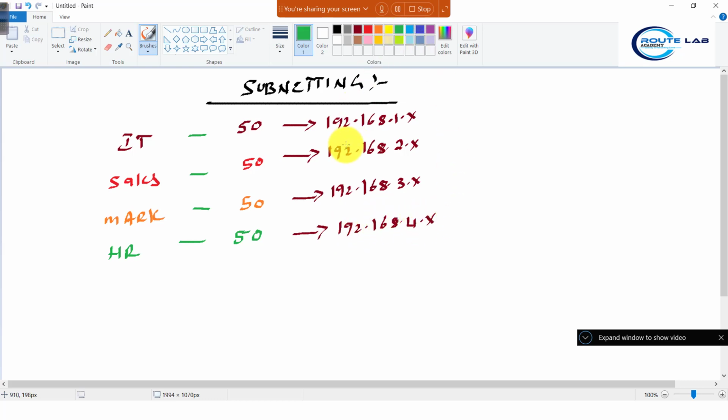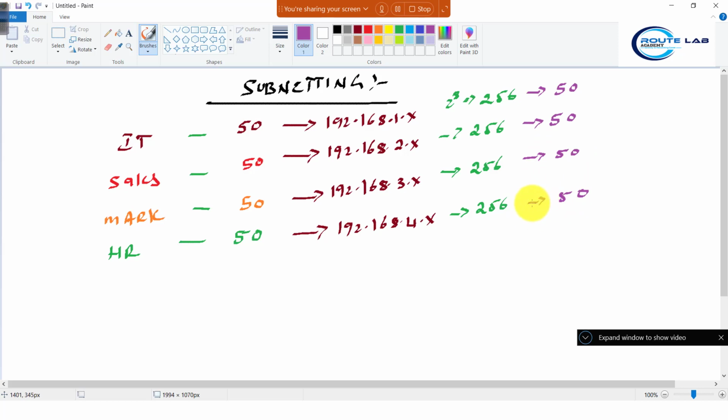So this address belongs to the C class address, where it is going to support around 2 power 8, which means 256 addresses, right? So in each and every subnet, it is going to support around 256 addresses. From this 256, I would be using only 50 addresses in each and every department or network.